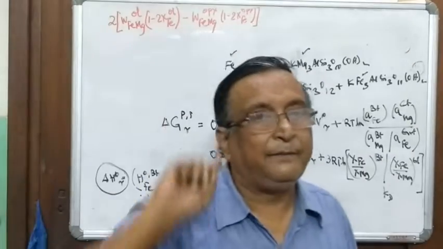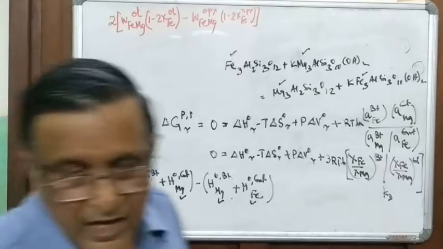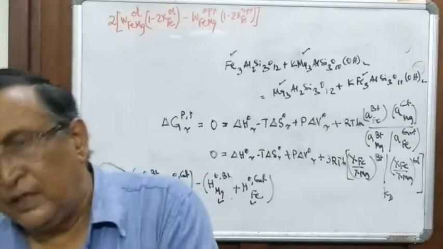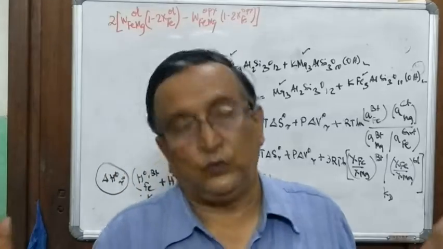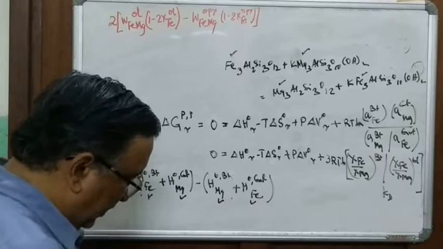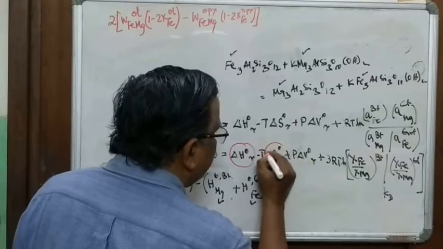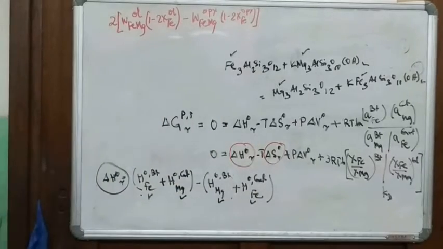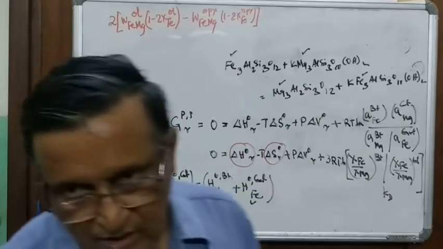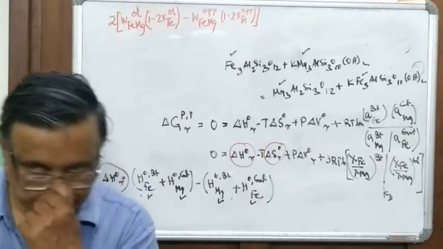But at that time, these values were not known, neither the enthalpy nor the entropy. So essentially, there was a difficulty in calculating these two terms, delta H0R and delta S0R, because at that time experiments did not determine these values.